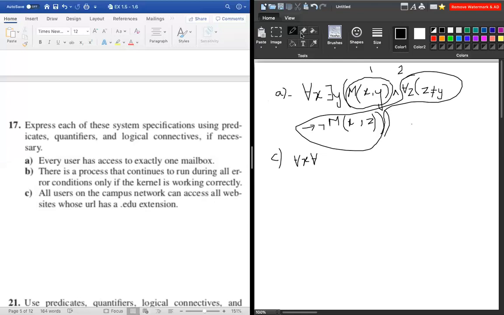Let's represent X using user, so let's put U here.